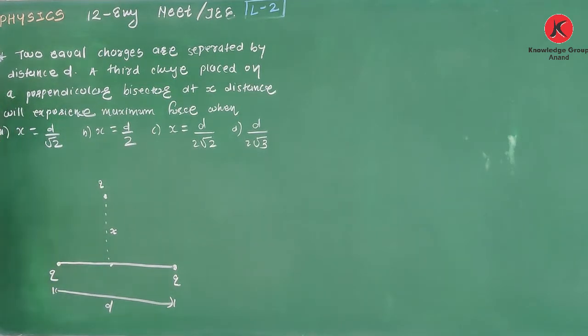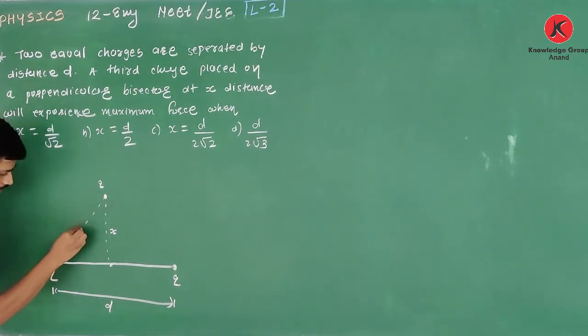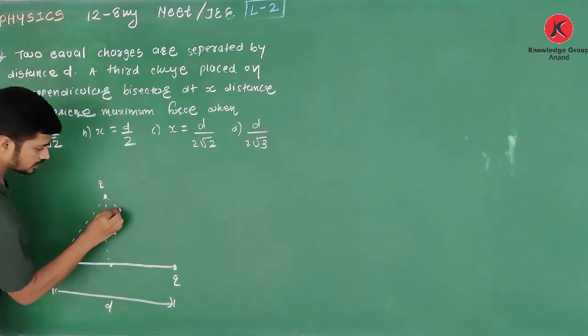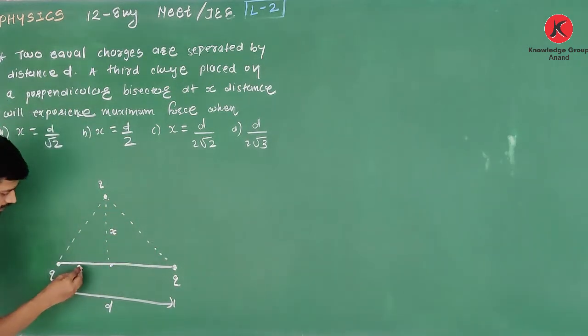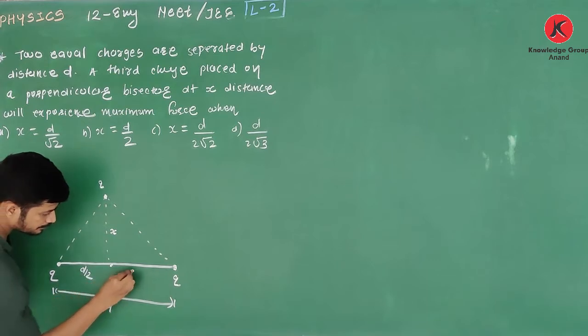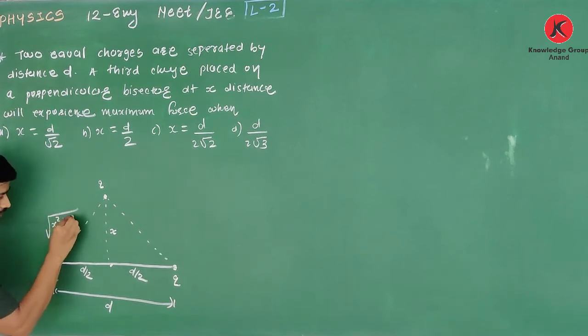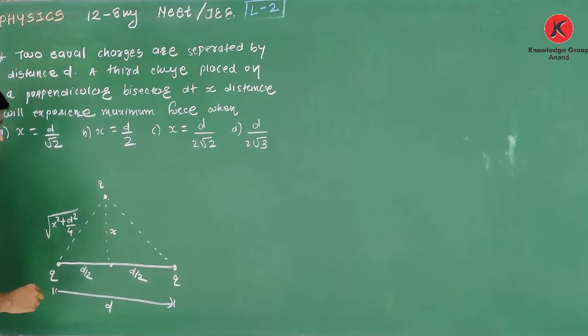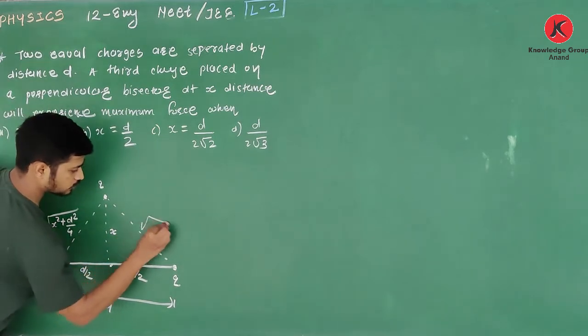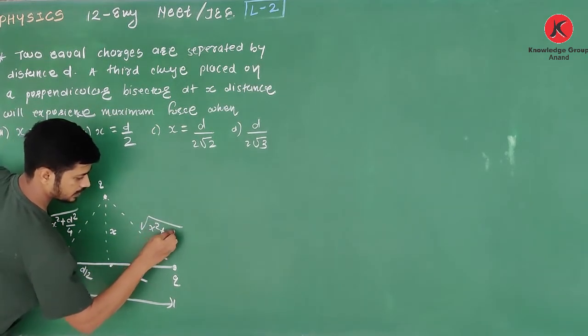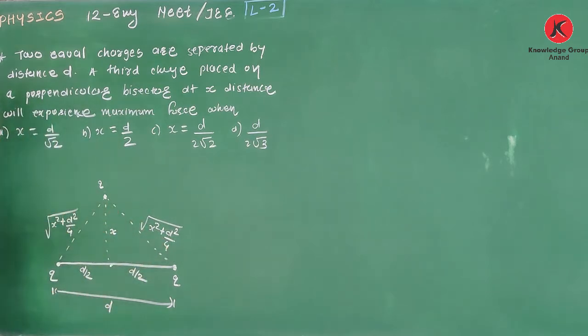The distance of this charge from this point is d by 2, and this distance is also d by 2. So what is this distance? This distance is under root x square plus d square by 4, and this distance is also under root x square plus d square by 4.